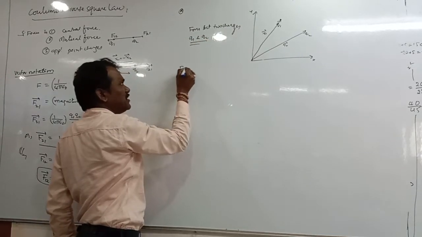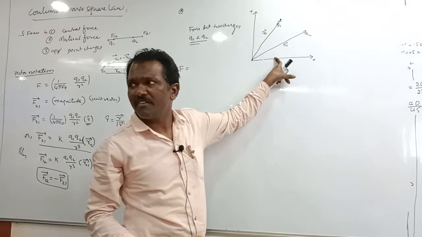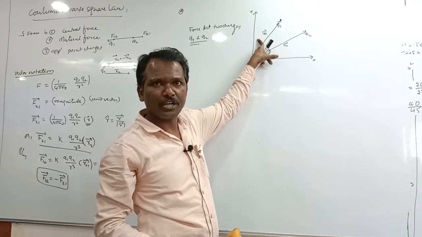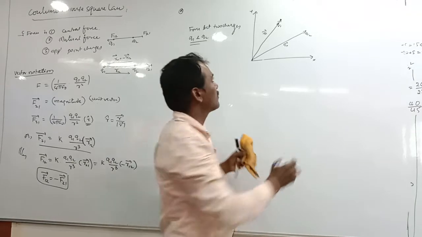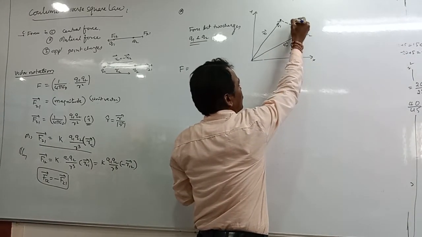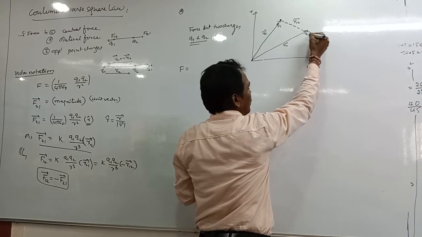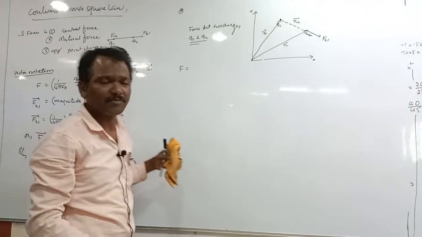How can we write it? F is equal to, the position vectors are given, r1 and r2 from the origin. So we have to write this distance, which we are measuring from here to here. r12 means the force acting on this q2, F21, right?